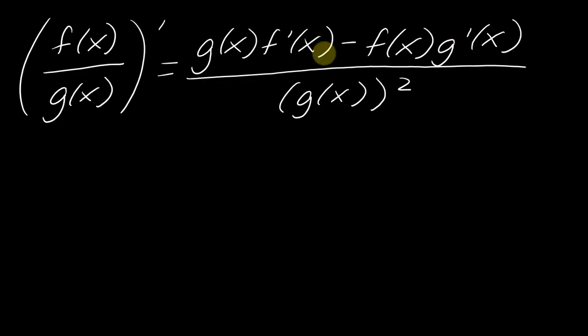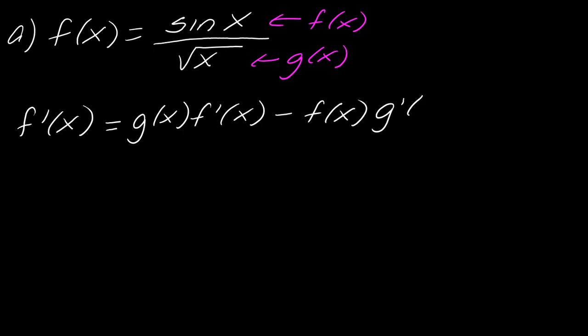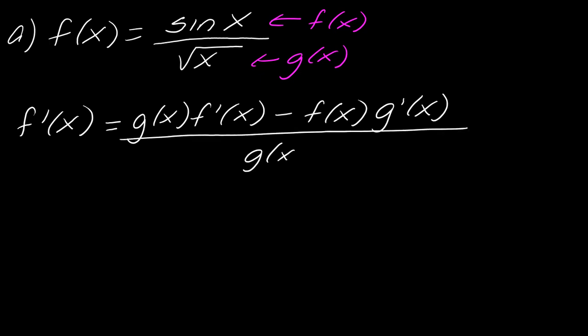You might find when you're first getting this down that you have to write it down a few times to wrap your head around it. So I'm going to go ahead and write it out so that we have a framework like this. And okay, so now all of this over g of x squared.